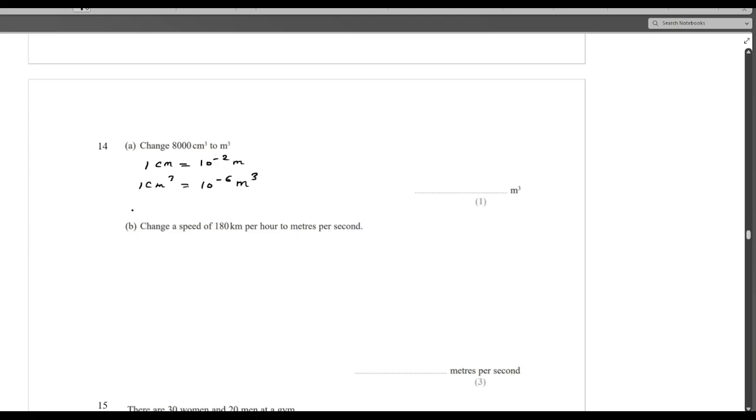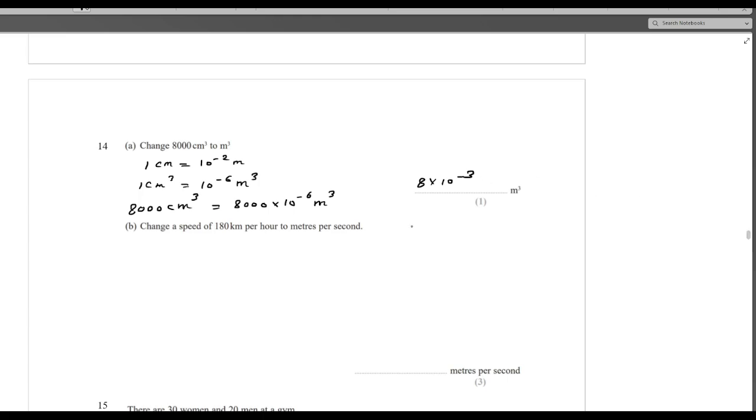Therefore 8000 centimeter cube will be equal to 8000 times 10 power minus 6 meter cube, which I can say is 8 times 10 power minus 3 meter cube.